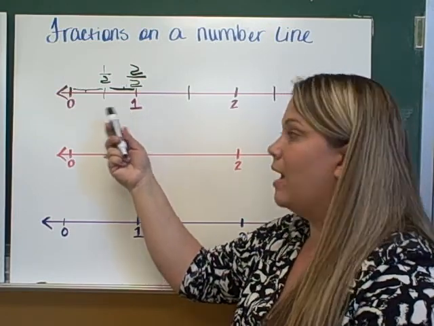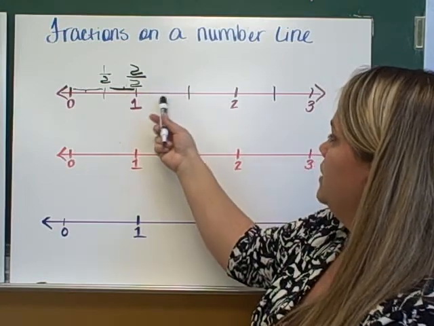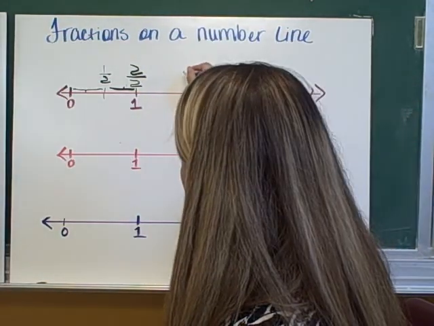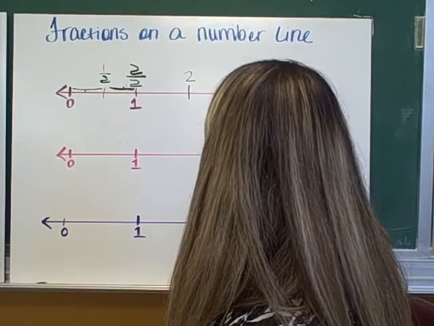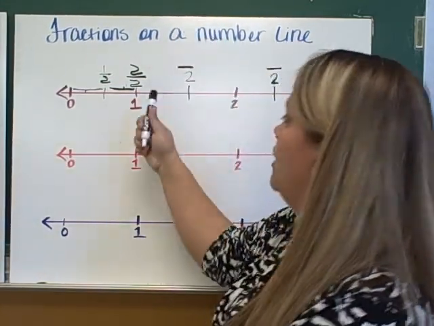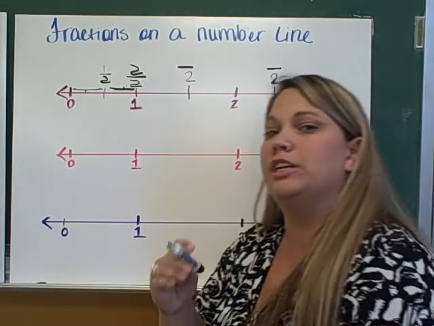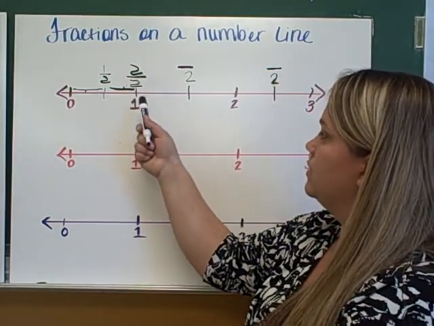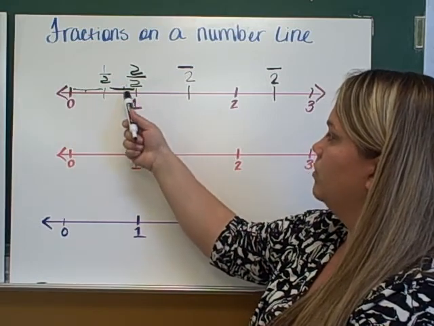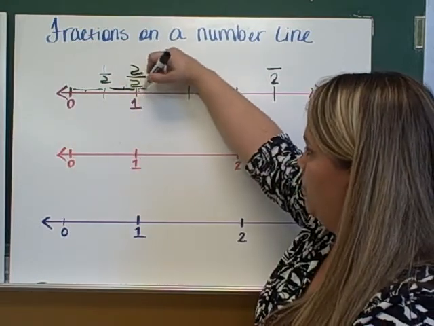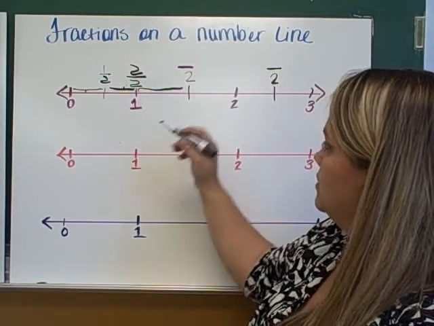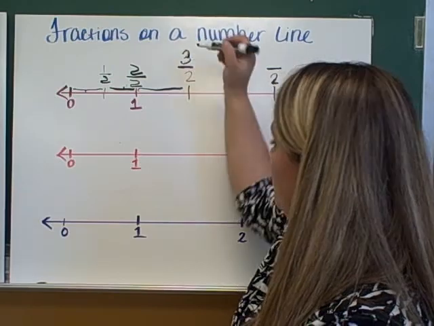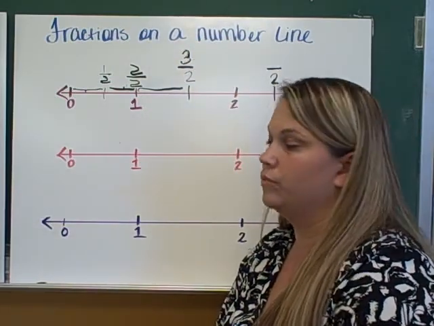All right? Now, since we have all of these places divided into 2, our bottom number every time has to be 2. And our top number is going to be how many total places we've gone. So far we've gone 2 places. So we've gone 1, 2, 3. If we go one more place, we have now gone 3 places, which means this spot on the number line is 3 over 2.